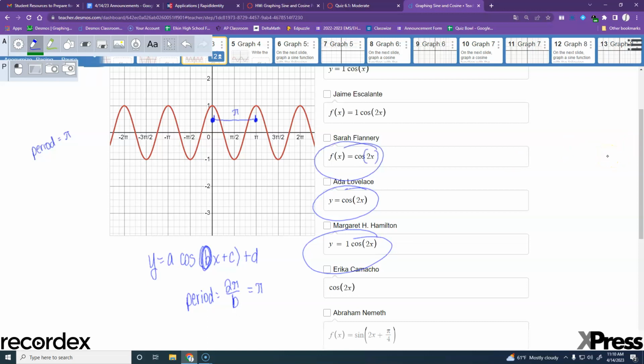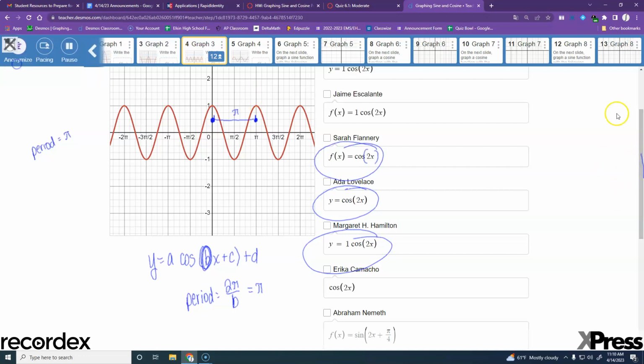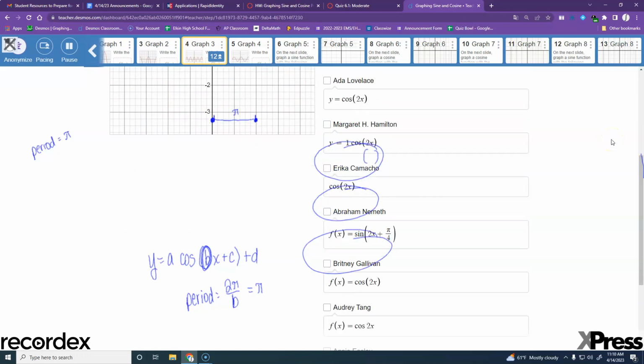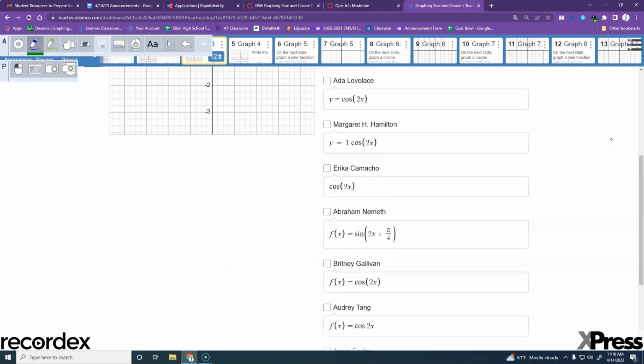Now, Abraham, don't change your sign stuff yet. I want to think about Abraham's real quick because sign is more complicated for this one, definitely. So if I look at Abraham's, I need to have a period of pi.